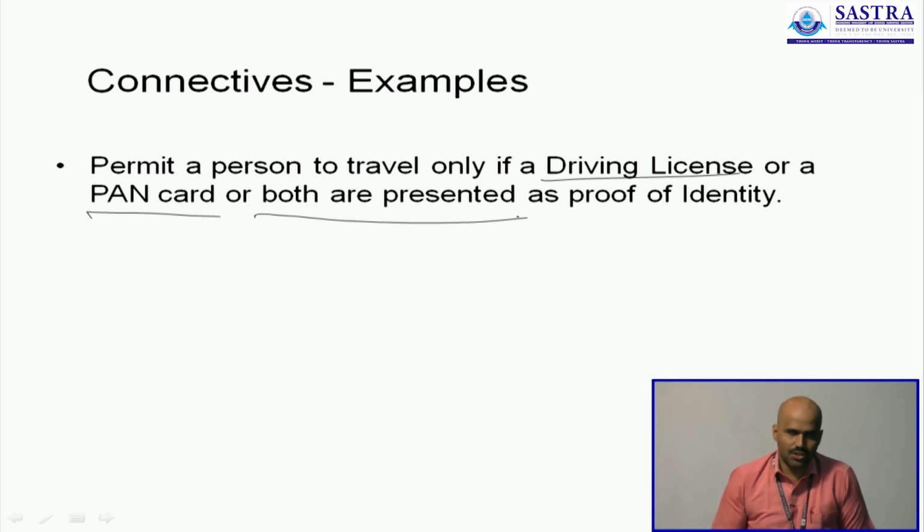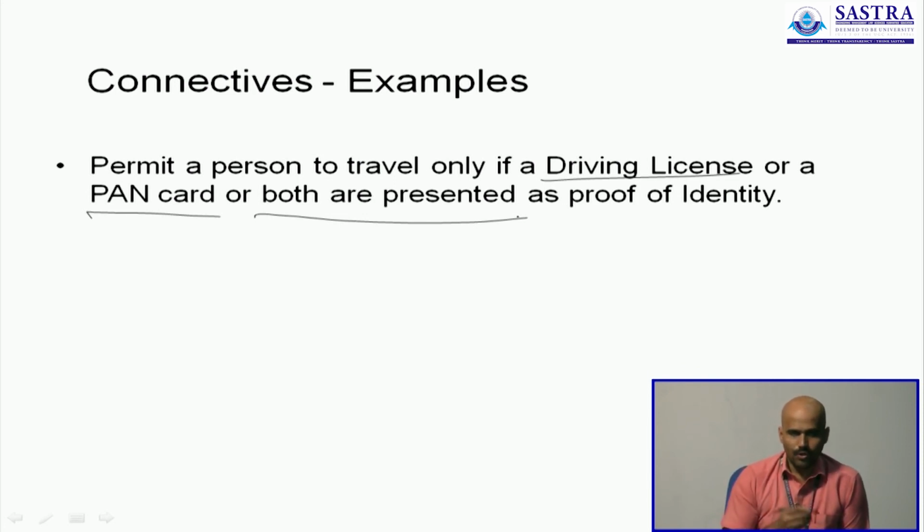This is the instruction given to a ticket examiner. Any traveler who boards the train should hold either this license or the PAN card or both in order to travel without any trouble. Only if these have been submitted as the proof of identity, the examiner is supposed to permit him to travel.